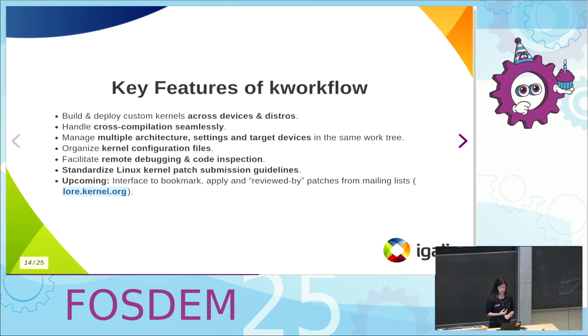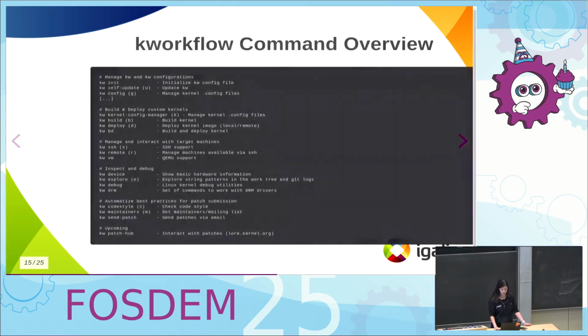And it standardizes Linux kernel patch submission guidelines. Probably you already checked it in the documentation, or maybe Greg already complained that you are not following something when you just need this bug fix to stay stable. We also have an upcoming feature, an interface where you can bookmark, apply, and review patches from the mailing list, from Lore.